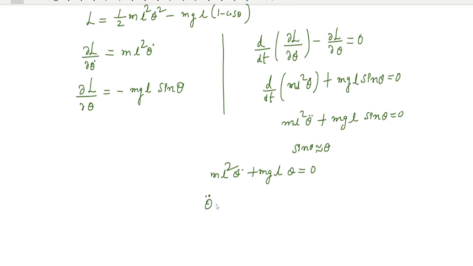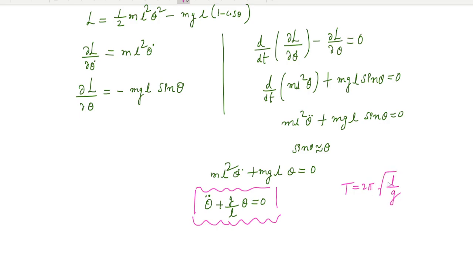Then theta double dot plus g divided by L theta equal to 0. This is our equation of motion of the simple pendulum using Lagrange. So this represents a simple harmonic oscillator, with time period given by T equal to 2 pi root L divided by g. So this is our simple pendulum equation.